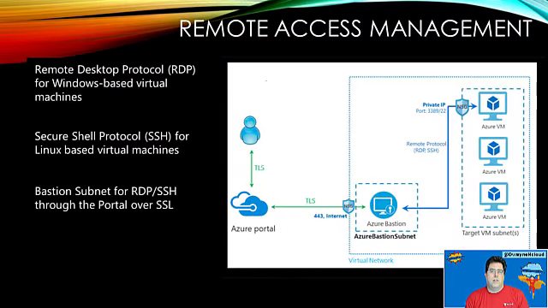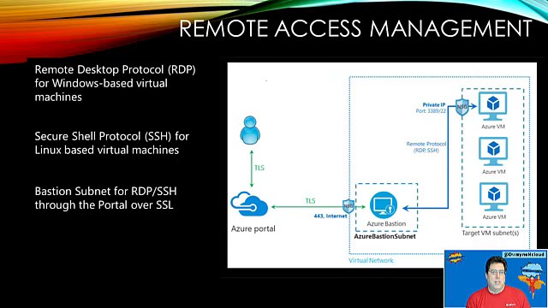Second piece to talk about here is remote access management. When we think about remote access, we think a lot about utilizing remote desktop protocol port 3389 or SSH protocol port 22 for Linux devices. Those are well and good, but they have a certain level of vulnerability, especially if you're leaving them exposed to the internet, which I hope nobody is.